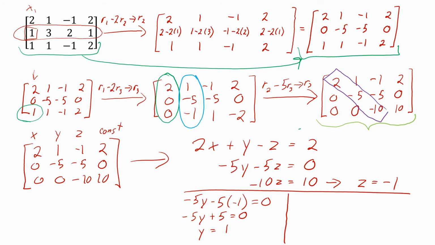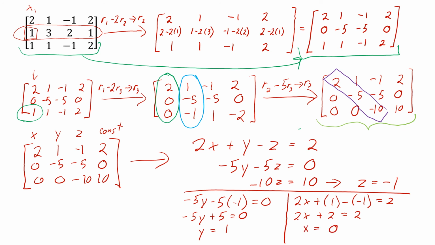And finally, I can plug this into my first equation. 2x plus, well, y is equal to 1, minus z is equal to negative 1. It gives me 2x plus 2 equals 2. Or solve this out, I get that x equals 0.